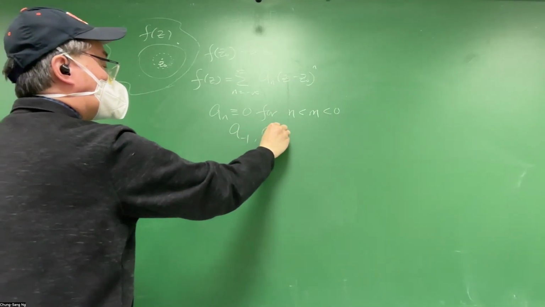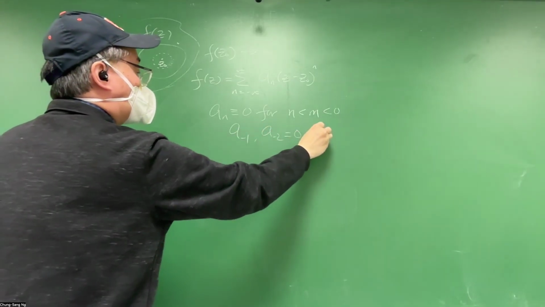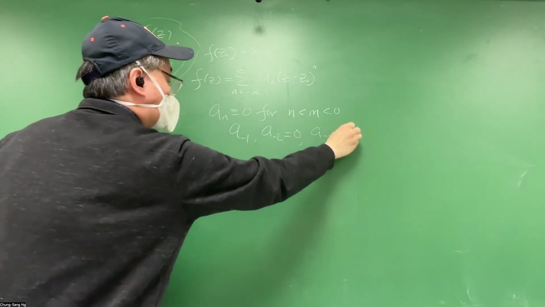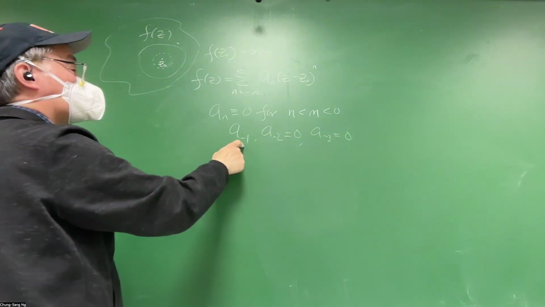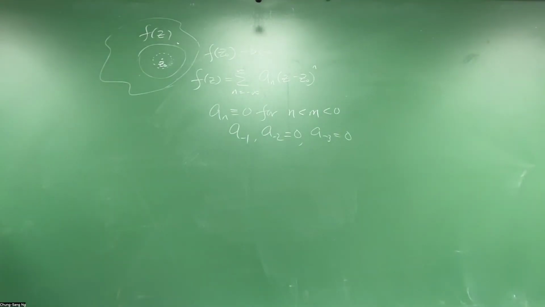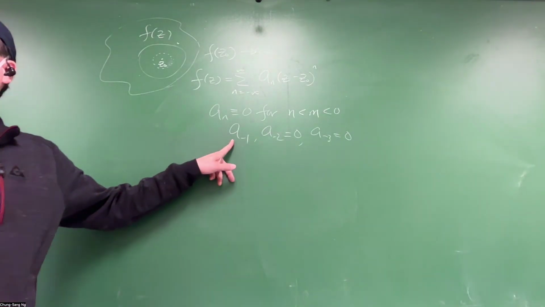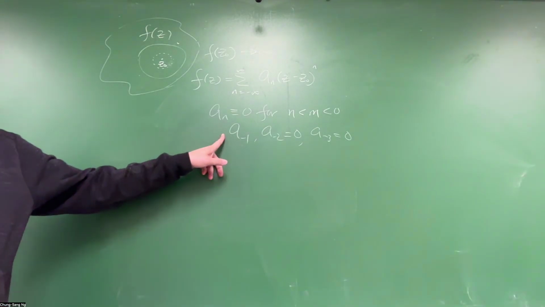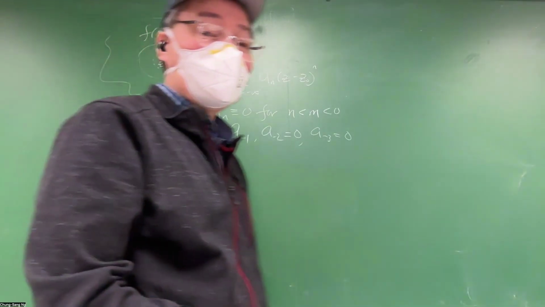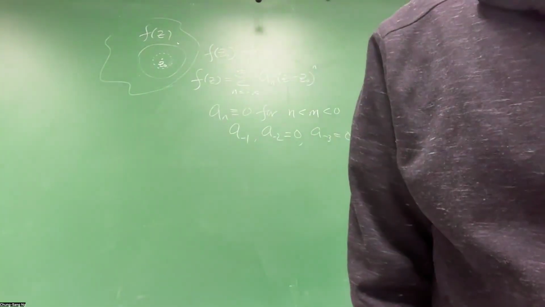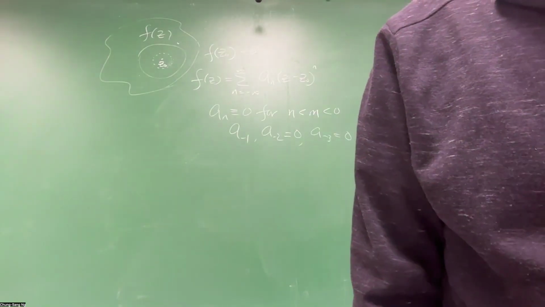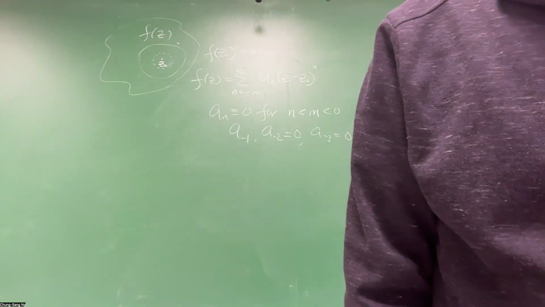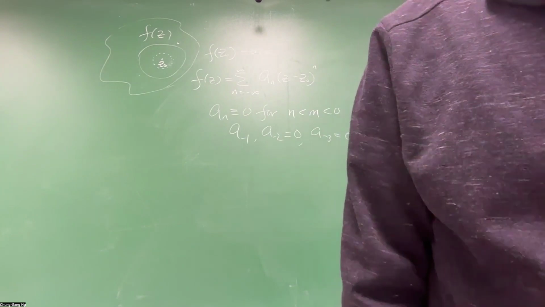And then a -2 is 0, and a -3 is 0, and all that, then this is the pole of the first order, or we usually call it a simple pole. Okay, so that's the usual case. Many cases, not always.